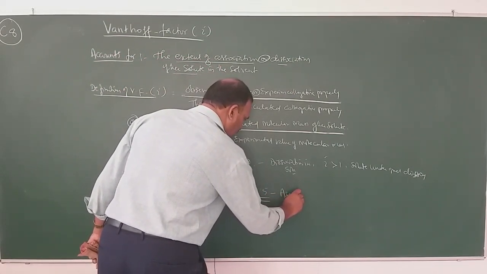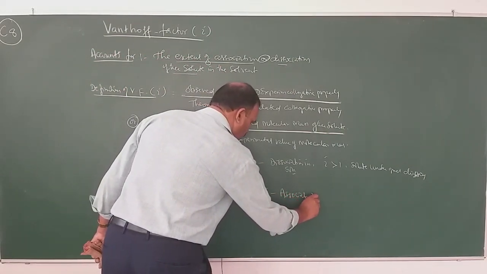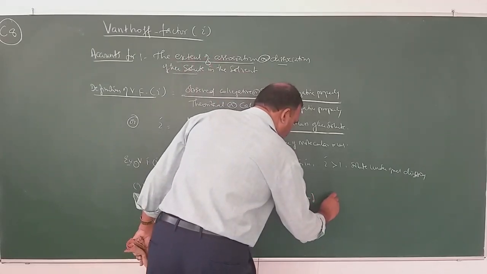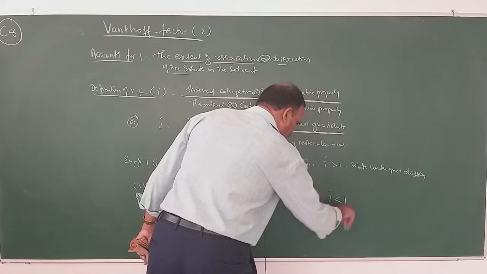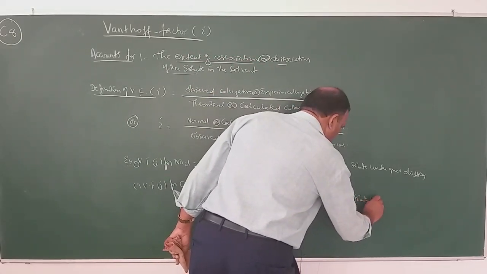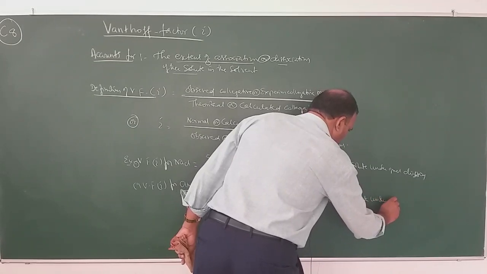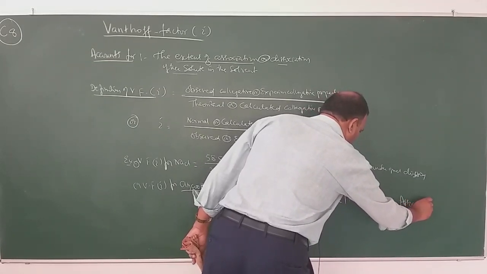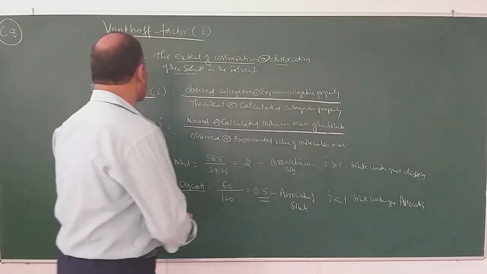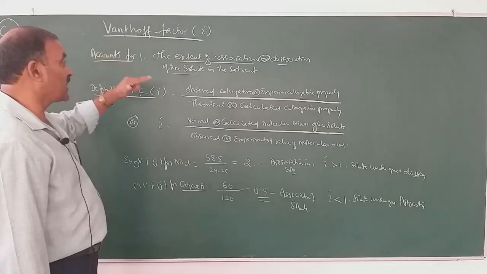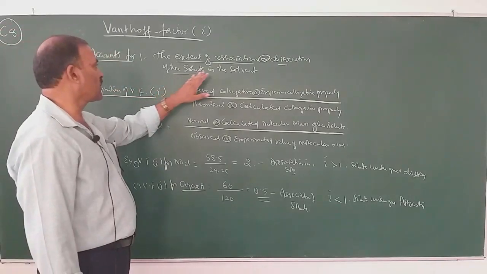In acetic acid, association of solute takes place. So if i is less than 1, the solute undergoes association. So here the Van 't Hoff factor accounts for the extent of association or dissociation of solute in the solvent.